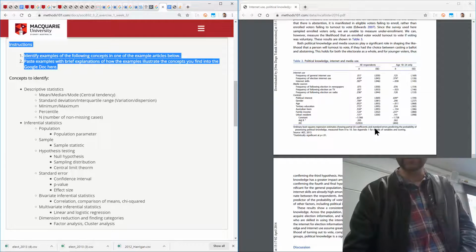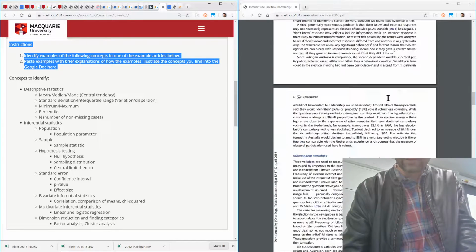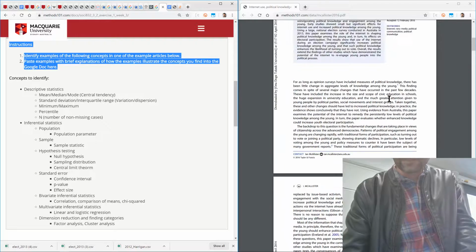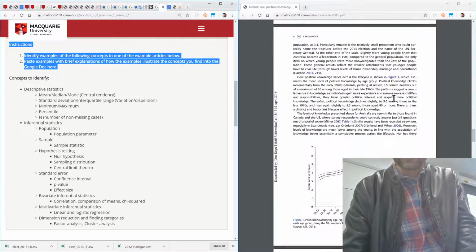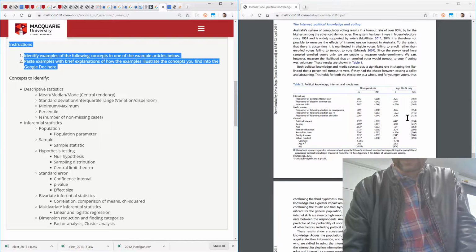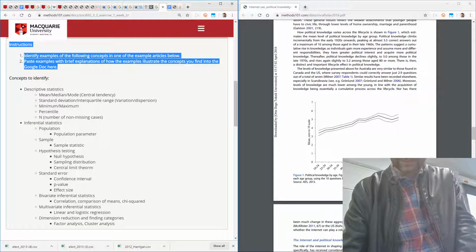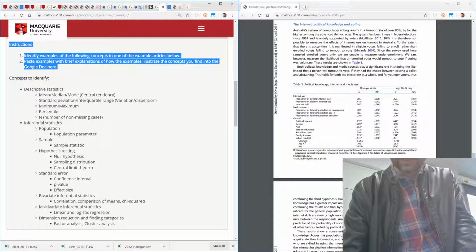Then you have to read the text to see what that referred to, because it's not obvious.